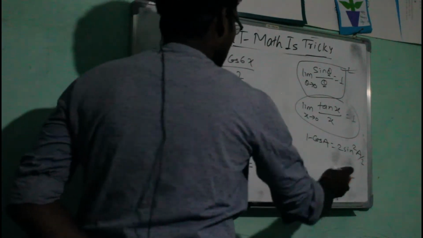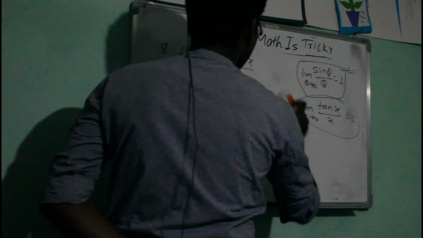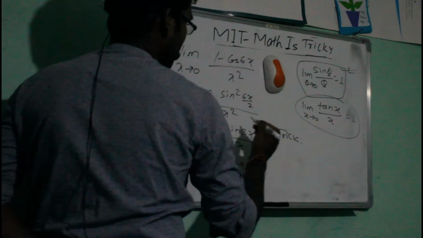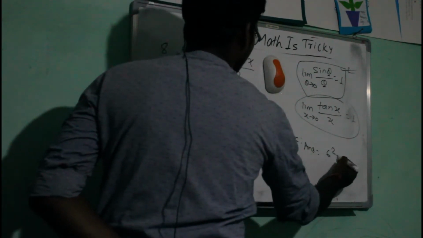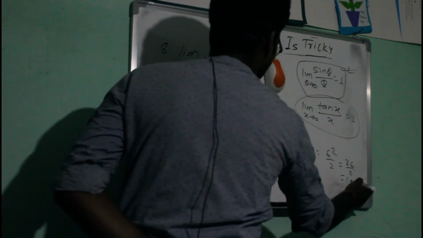So for such type of problems, I'll share one trick also. Simply, the answer will always be 6 square by 2, 36 by 2, the answer is 18.